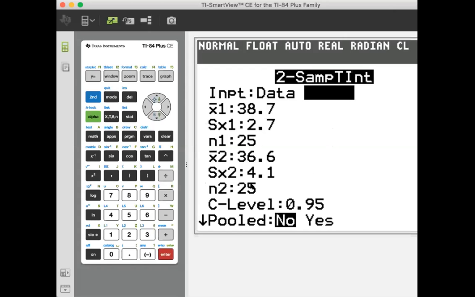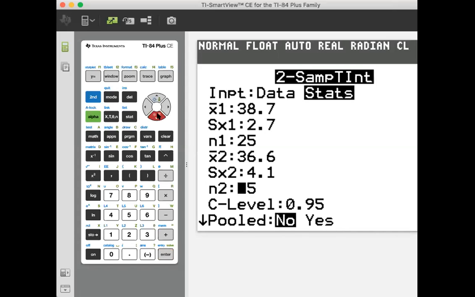Okay, so let's run the 2-SampTInt. I still have the data in here because I just ran 2-SampTTest, and it's still got the same statistics. All I need to do is make sure I've got the correct confidence level, which is 1 minus alpha. Since alpha is 0.05, this is 0.95. And this is for a two-tailed test, by the way. We had 1 minus alpha is what we put in there for a two-tailed test.